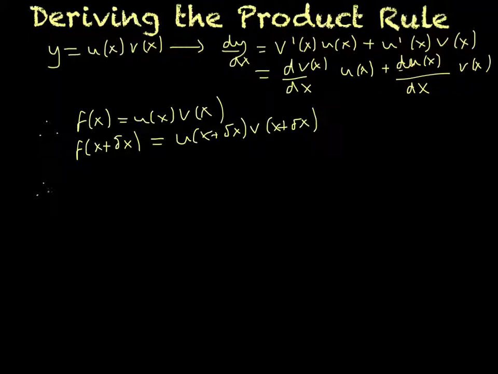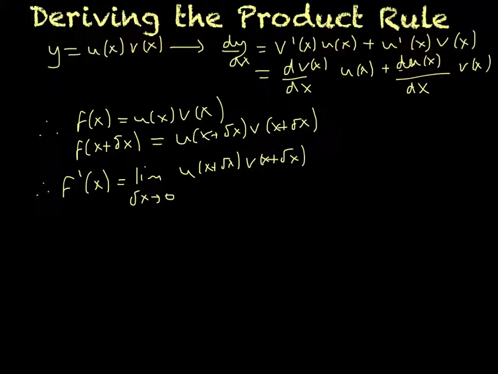So when we put this into our first principles formula, we're saying that f dash of x is the same as the limit as delta x tends to 0 of u of x plus delta x times v of x plus delta x minus u of x v of x, all over delta x.